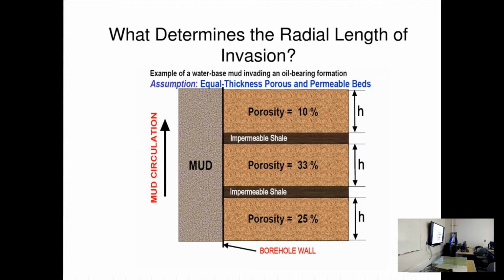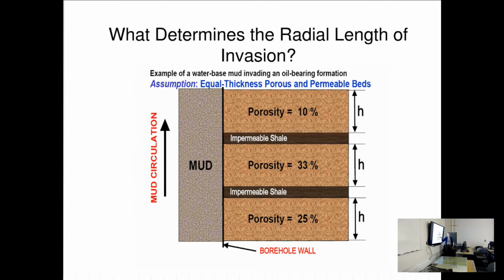So think that through. Again, you have a finite amount of fluid that's going to go in, right? So if I have a finite amount of fluid that's going to go into 10%, let's say, we can actually do a problem with it. Let's say it has 40 gallons. It's going to go into here. I have to distribute 40 gallons. How far is it going to go? Well, let's say it goes here.